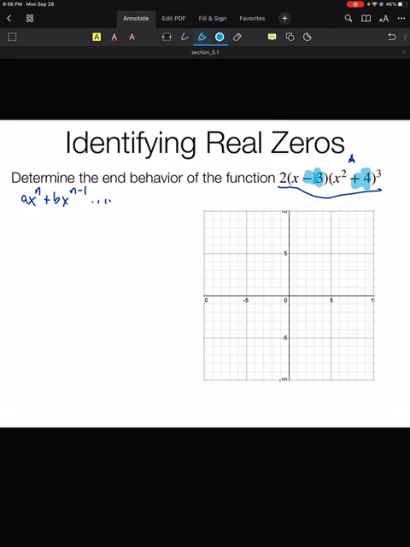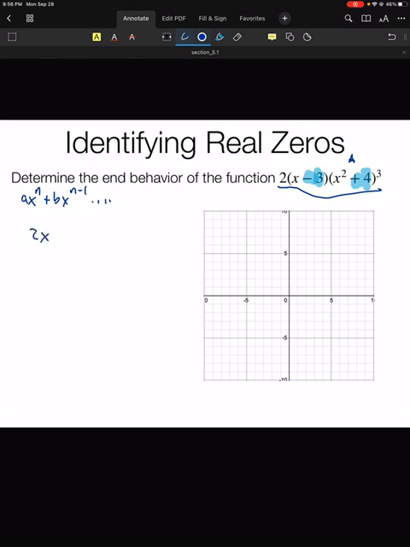When all you're doing is trying to find the leading term of the polynomial that results from all this multiplication, you just take everything that is attached to the x's and forget the constants.